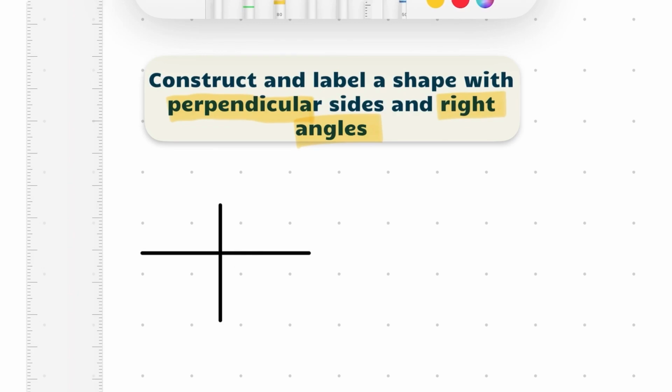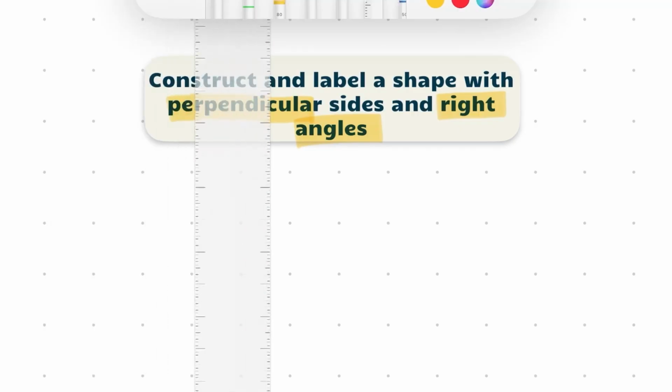So how can we construct a shape that has both perpendicular sides and right angles? Well, there are multiple. And if you think about it, I could construct a square, a rectangle, or a right triangle. So let's look at an example of a right triangle. Remember, a triangle has 3 sides.